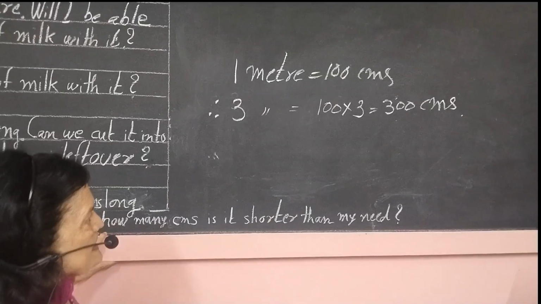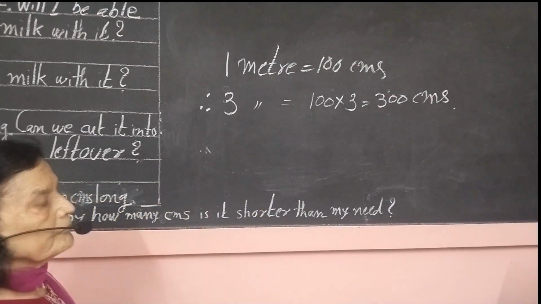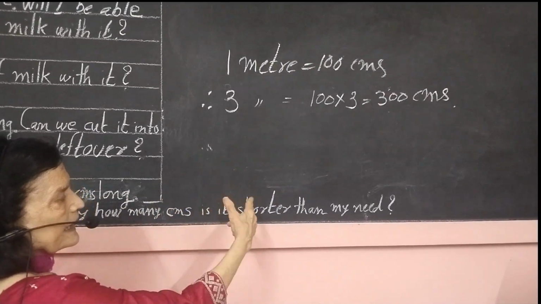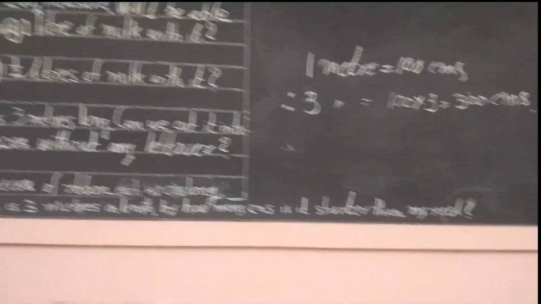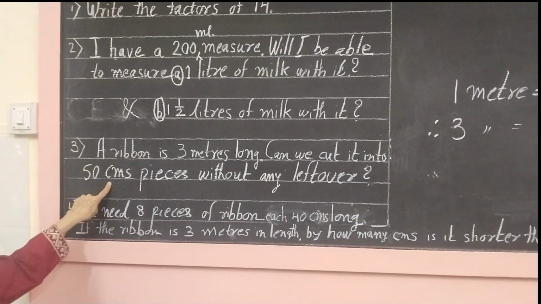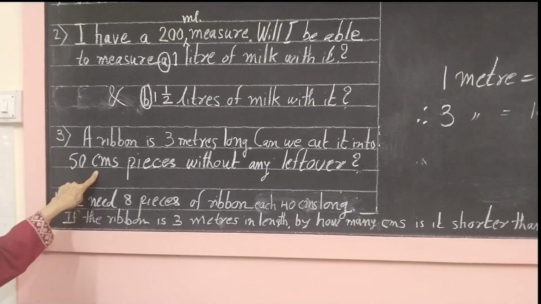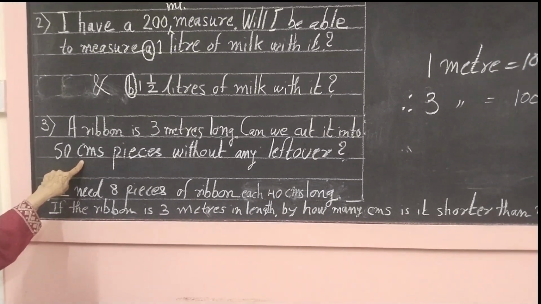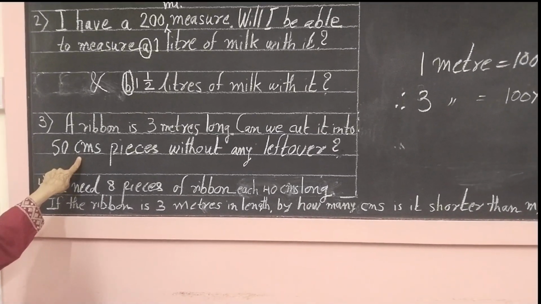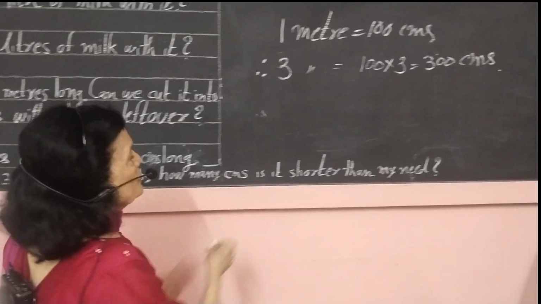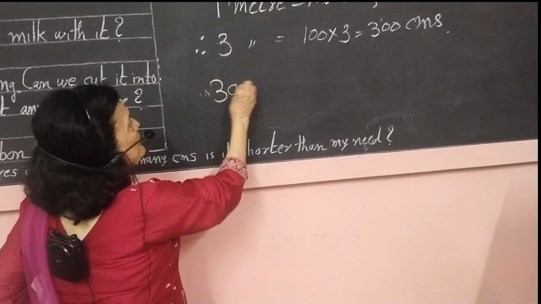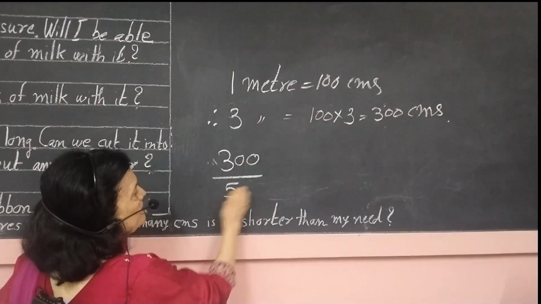Now out of this long ribbon, we have to go on cutting pieces, and each piece should be 50 centimeters in length. That means equal distribution of the length. When equal distribution comes, it is a kind of division. So we will have to divide 300 by 50.